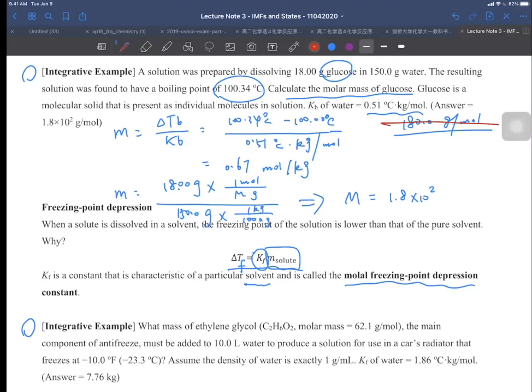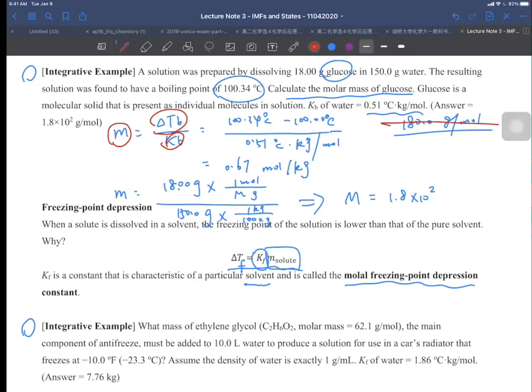Do you have any different opinion regarding this question? Because I took a while to show all of the work, but what I need to remind you is the significant figures. The idea should be clear. So you know the delta TB, you know the KB, right? So you should be able to figure out the molality of the solution.